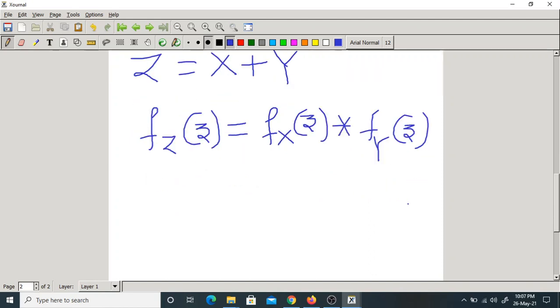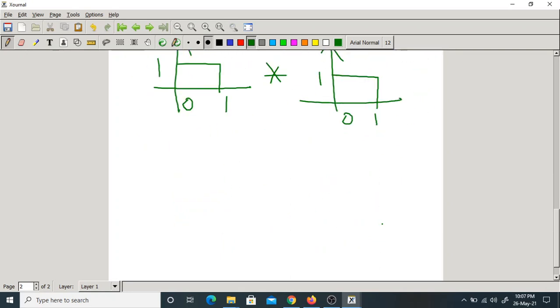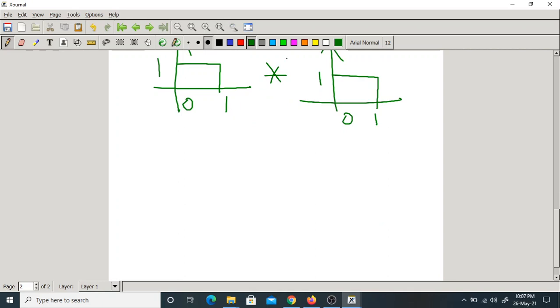Do you remember this? What is the convolution of two square functions? If you convolve two squares, you get a triangle. You have done these problems already.